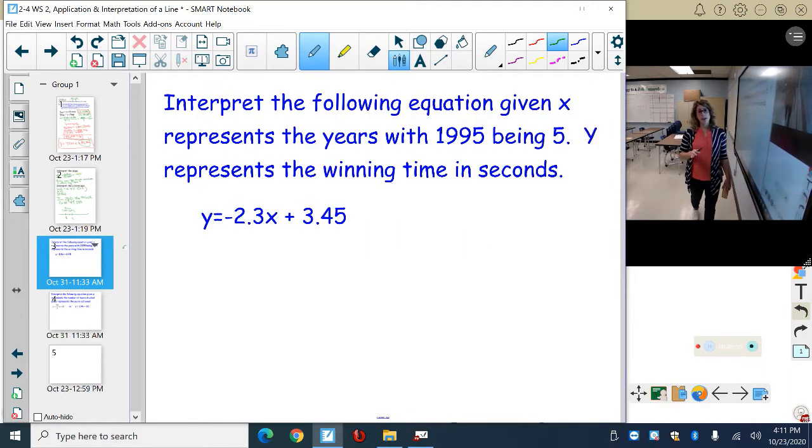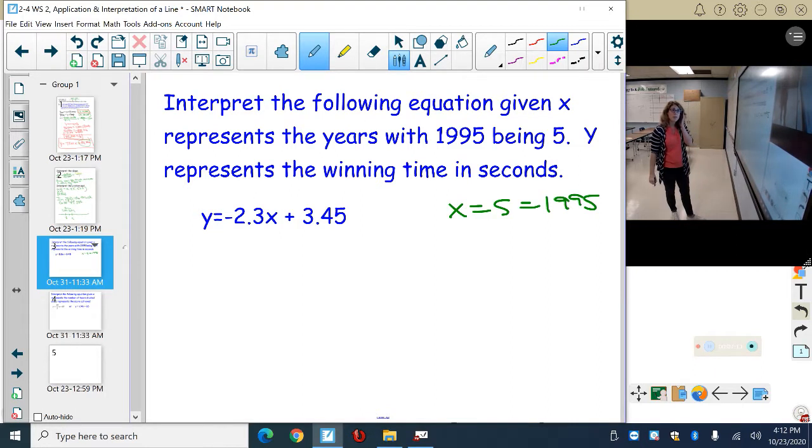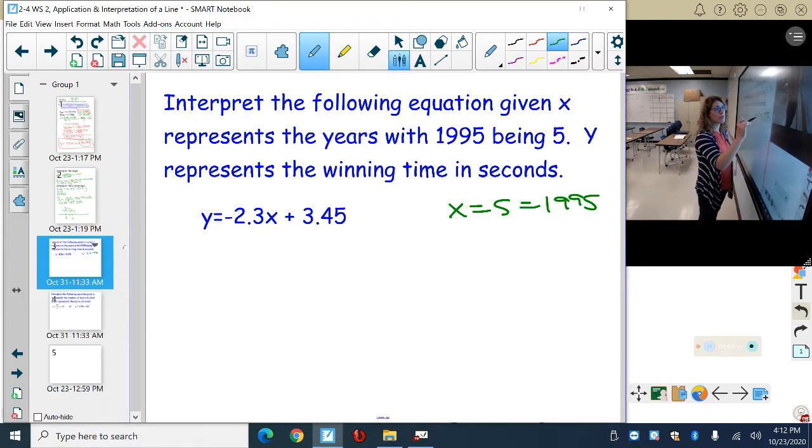This is just another example because I think sometimes we need a little bit more practice on this. It says interpret the following equation given x represents the years with 1995 being 5. So x equals 5 is 1995. And y represents the winning time in seconds. Okay. So if x equals 5 is 1995, what's x equals 0?